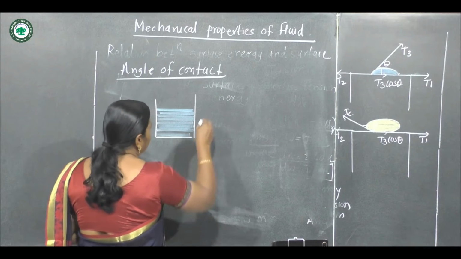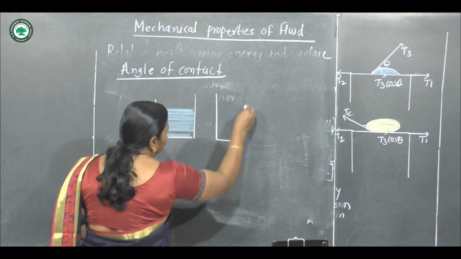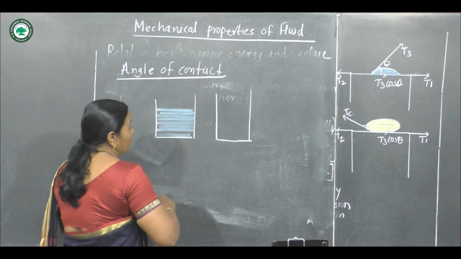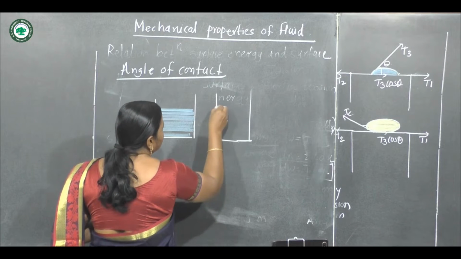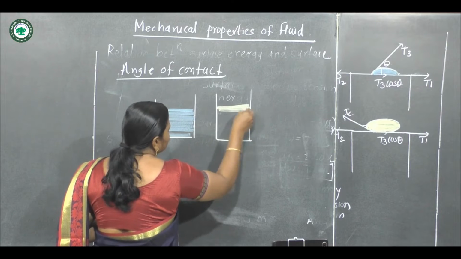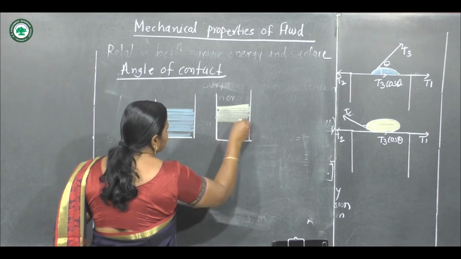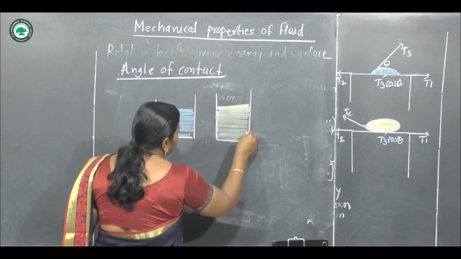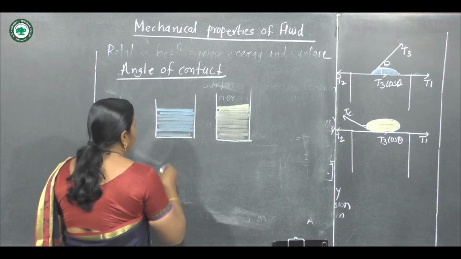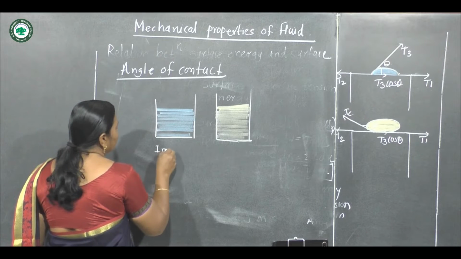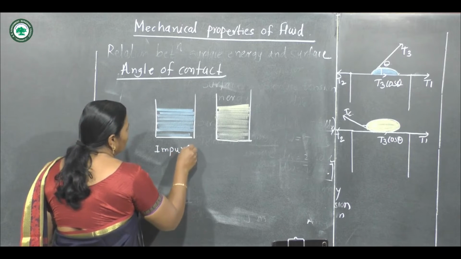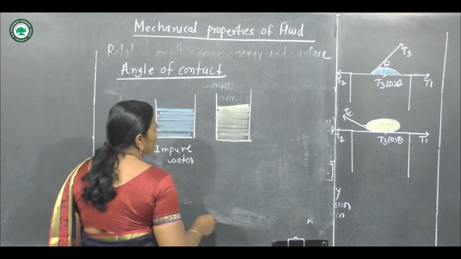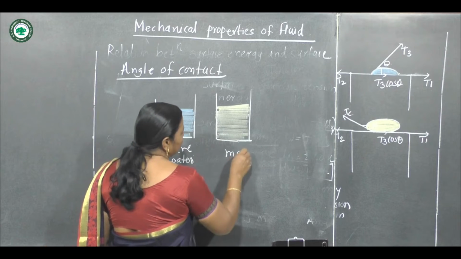In another beaker, there is mercury. Suppose here we can say it is impure water, and here we consider mercury.